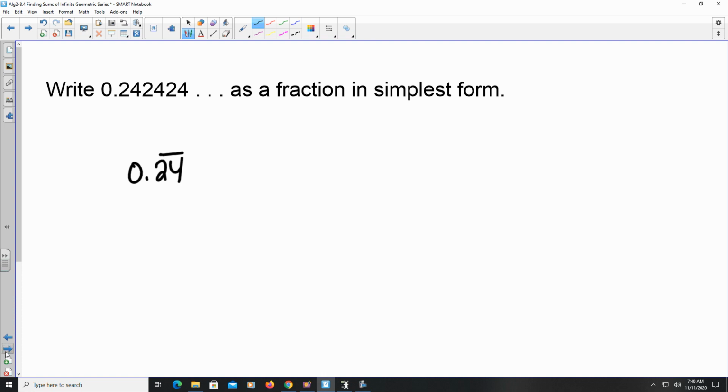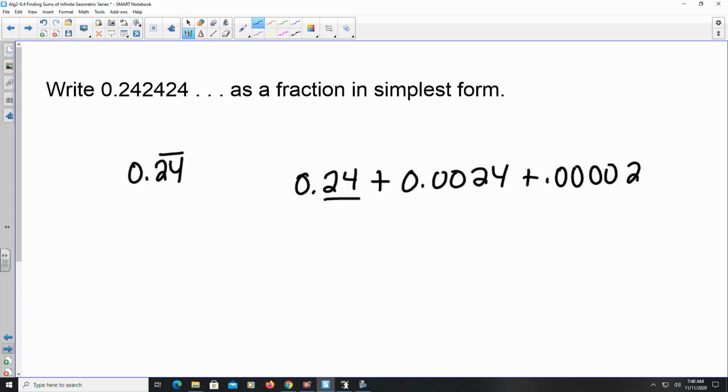So you're going to start with 0.24 plus 0.0024, because you have the 24 already over here. And then it's going to be plus 0.000024. And then that's going to keep going on forever.